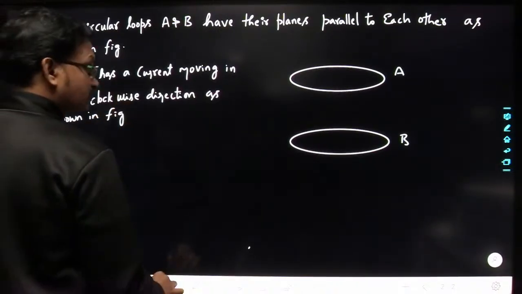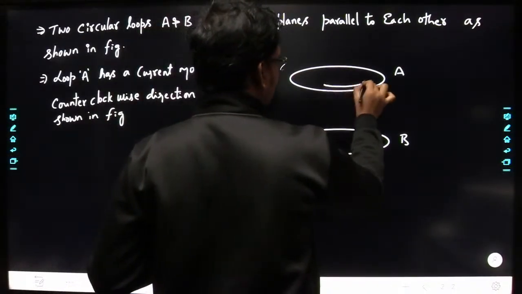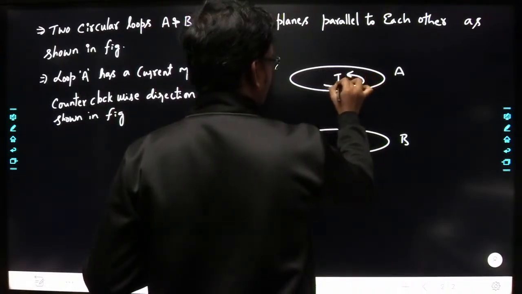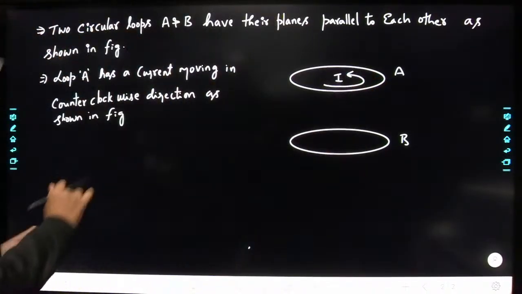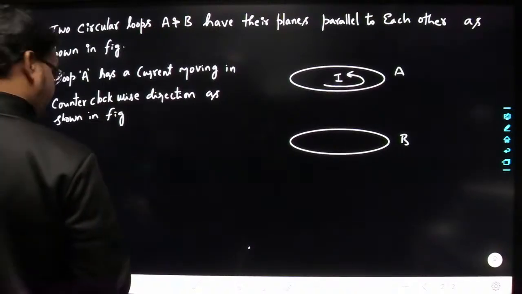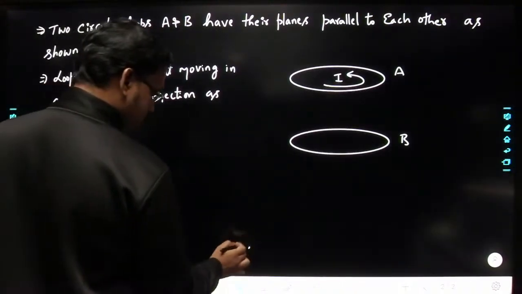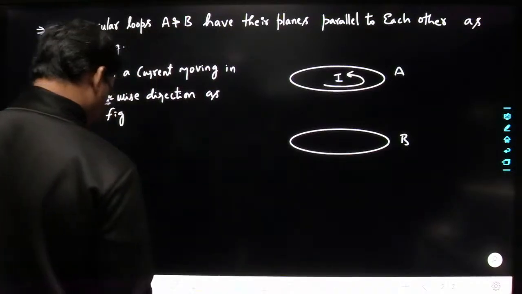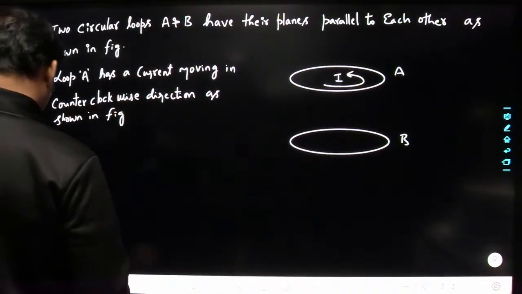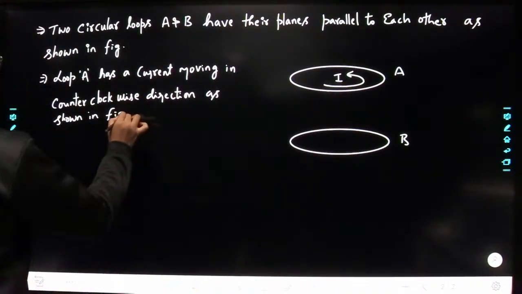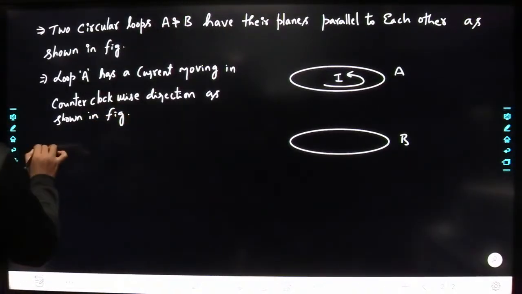So in the figure they have given that the current is flowing like this, anti-clockwise direction like this they have mentioned.